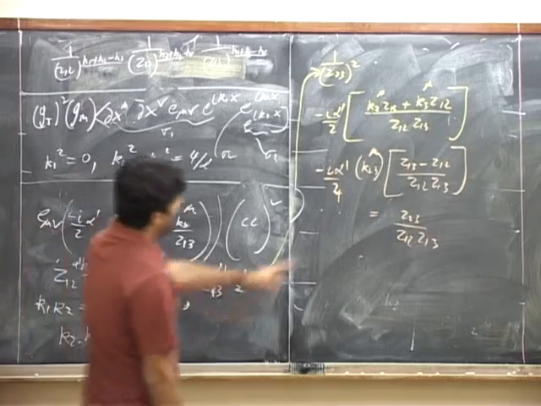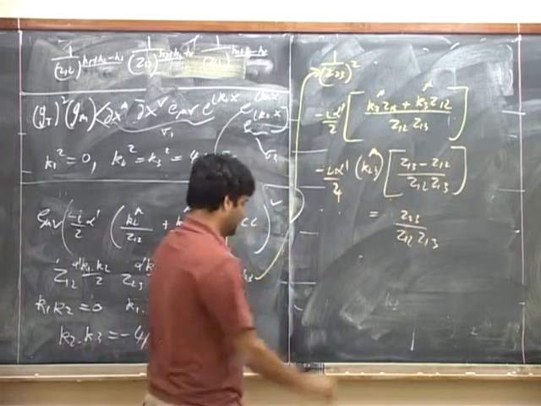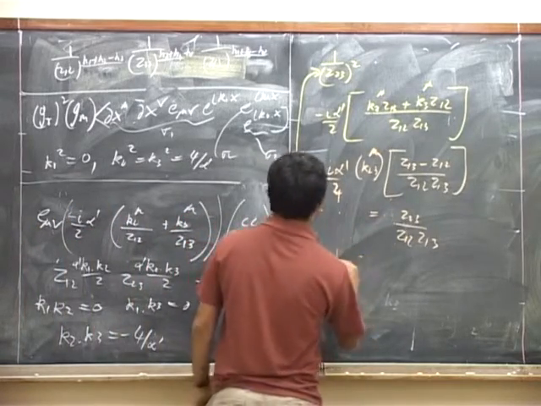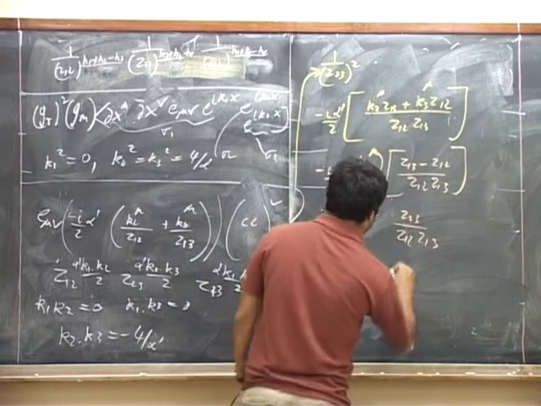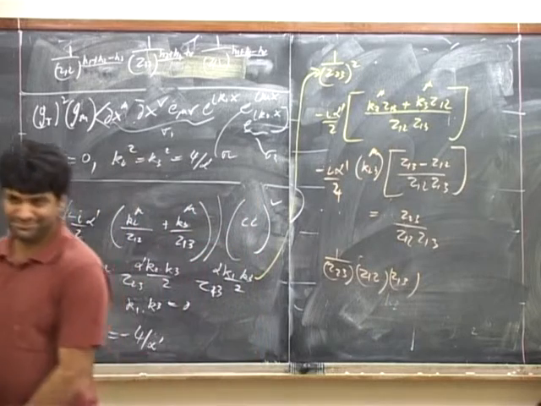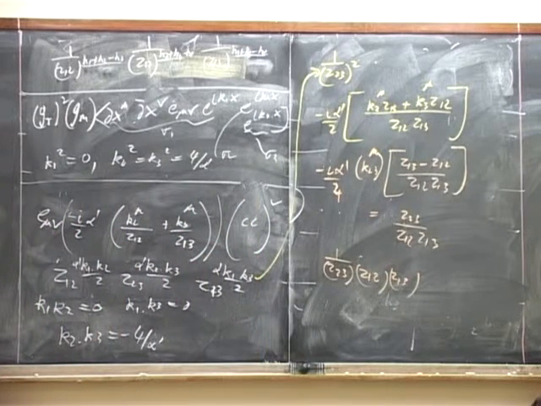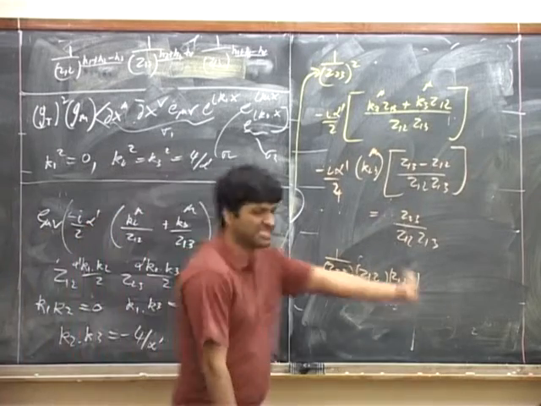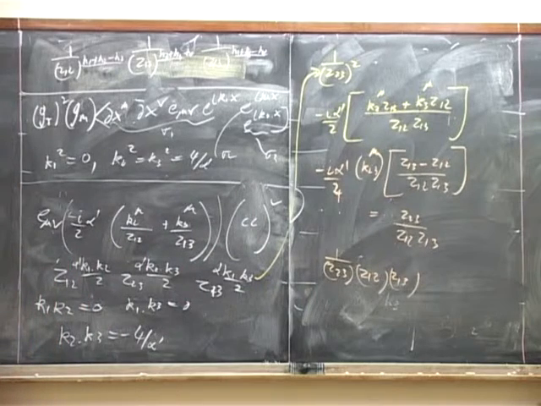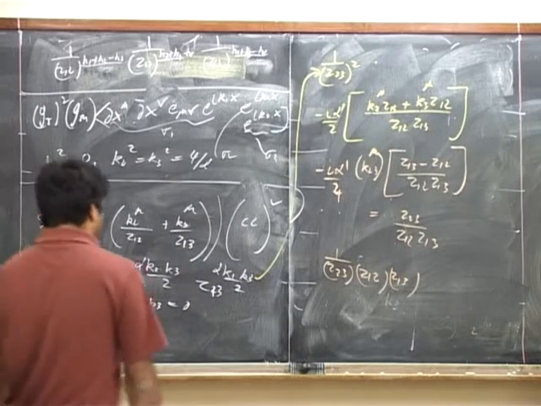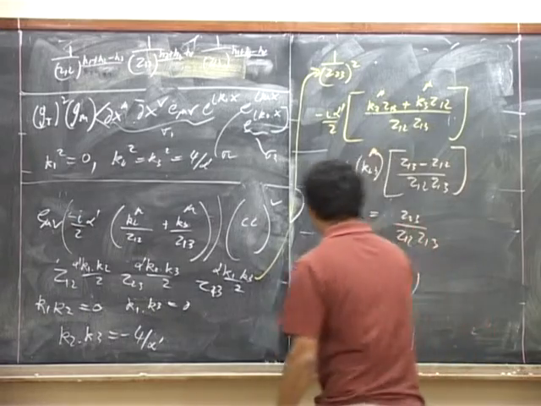Now we combine with this, so the net factor is 1 over Z23 Z12 Z13. Now this cancels what we get from the C's. We have something similar from the complex conjugate part.